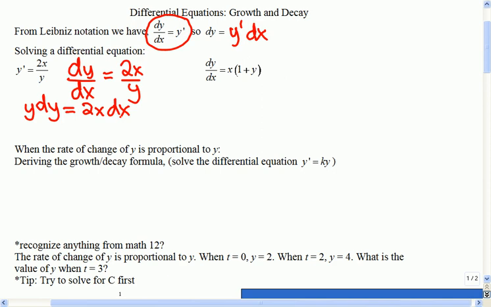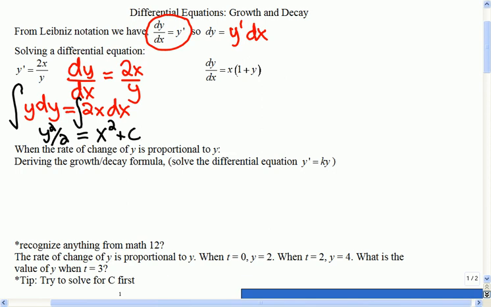So basically across the equal sign, I've split up this equation in terms of y and in terms of x. All I need to do then to figure out where this originally came from is integrate both sides of this equation. And what I'd come up with is y squared over 2 equals x squared plus a constant.